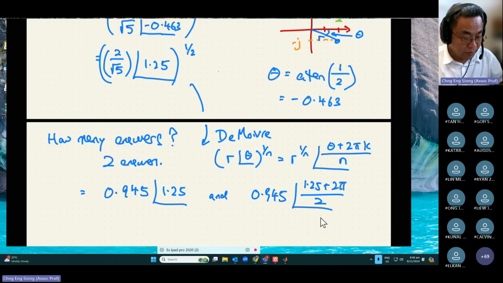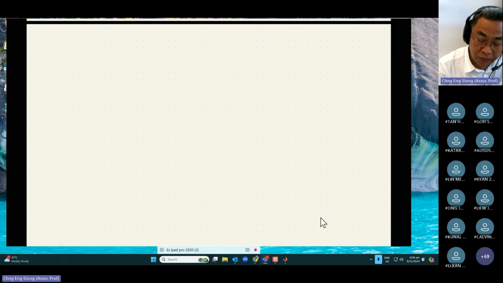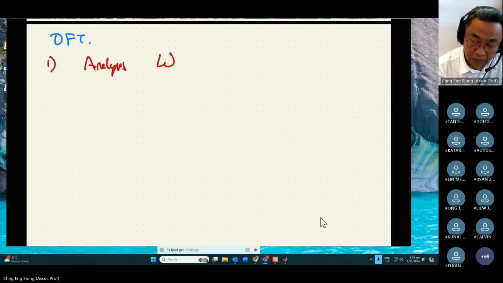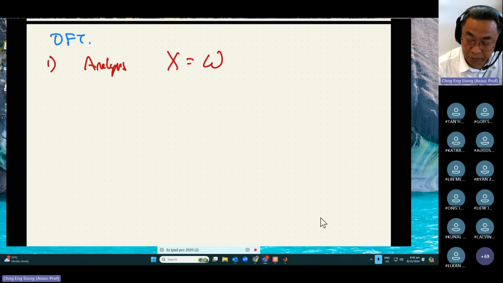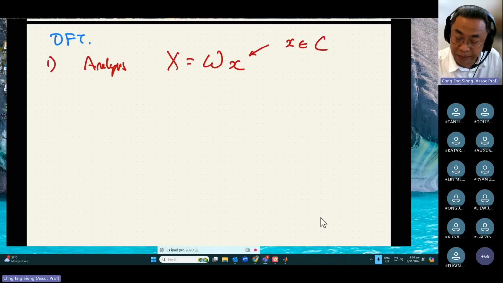Okay. All right. What do you need to know for DFT? You need to know these 2 equations. The analysis equation: big X equals W times small x. Please be sure that x can belong to complex.